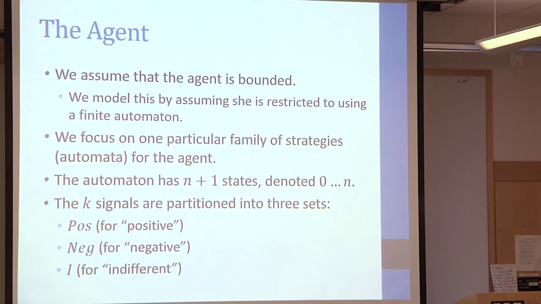Okay, so what is the agent I'm going to assume? I'm going to assume a bounded agent, and it's going to be a finite automaton, and I'm going to focus on a very specific family of automata. It will have n plus 1 states that I'm going to put linearly as 0 and 1, and so on, and you're going to split the k signals into 3 groups: the positive signals, the negative signals, and the indifferent signals.